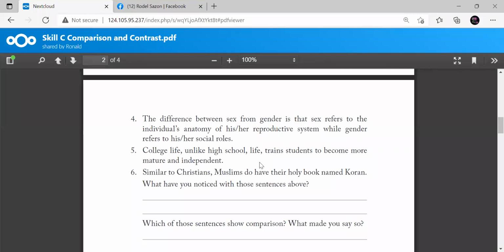What is this in relation to college life? It can be function, it can be purpose. So the purpose of college life is to train students to become mature and independent.